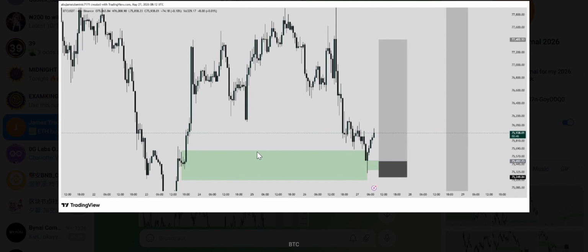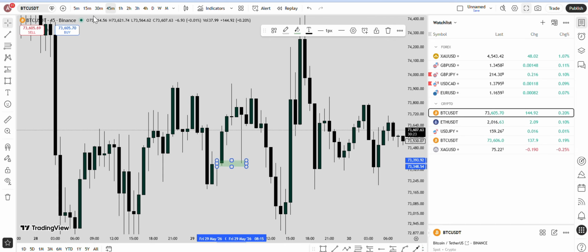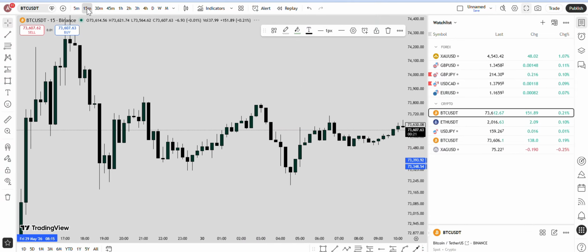This is here. I think I went down to the 15 minutes, but this is on the 15 minutes. This was a trade here. Let me go down to the 15 minutes. I think it's the 15 minutes or so.